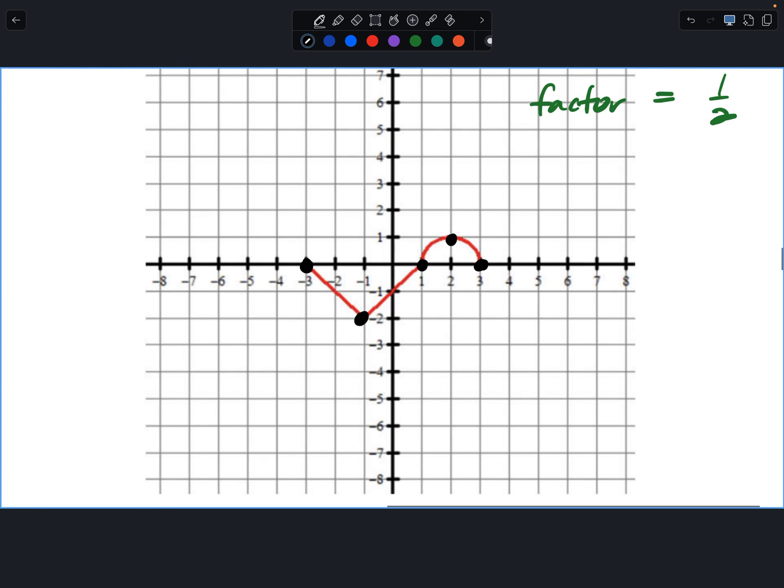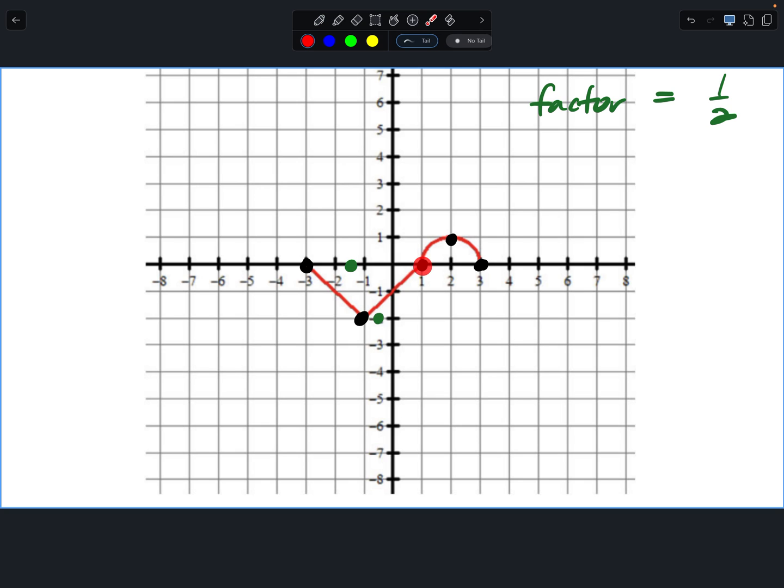Right now, this point right here, how far away from the y-axis is this point? 3. What's half of that? 1.5. So I'm just going to draw a point right there. I'm not going to draw any graph. I'm just going to plot a point. This right here is 1. What's half of that? 0.5.